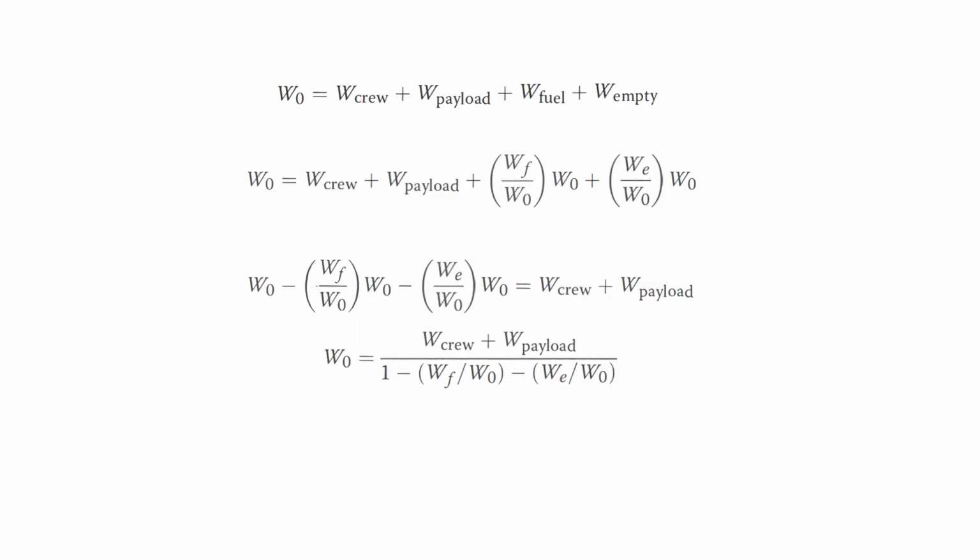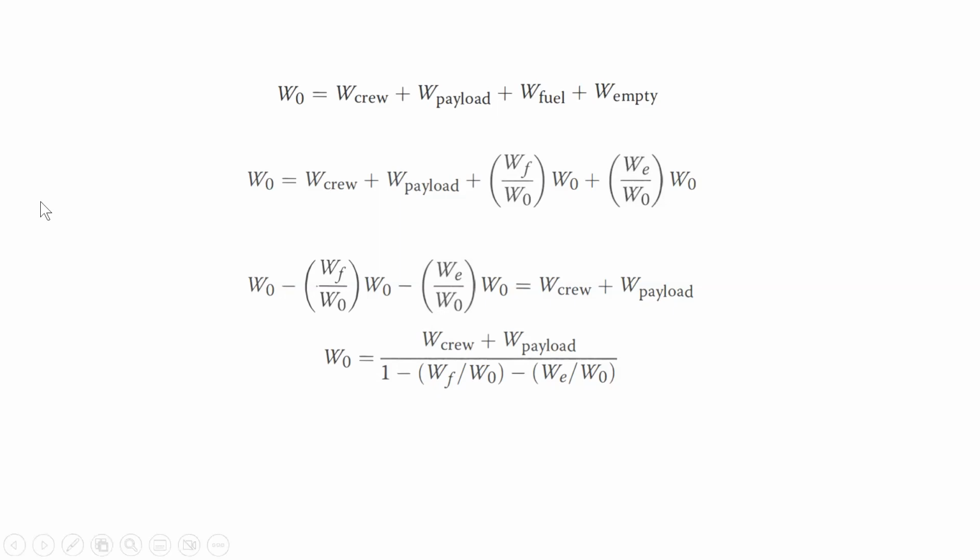Now what you don't know is the empty weight and the fuel weight. Both of these weights are unknown to you, right? So what do we do? We try to express the fuel weight and the empty weight as a fraction of the total weight that we are trying to estimate. Now, how does it help us? Because historically it has been found that this empty weight and this fuel weight are sort of predictable.